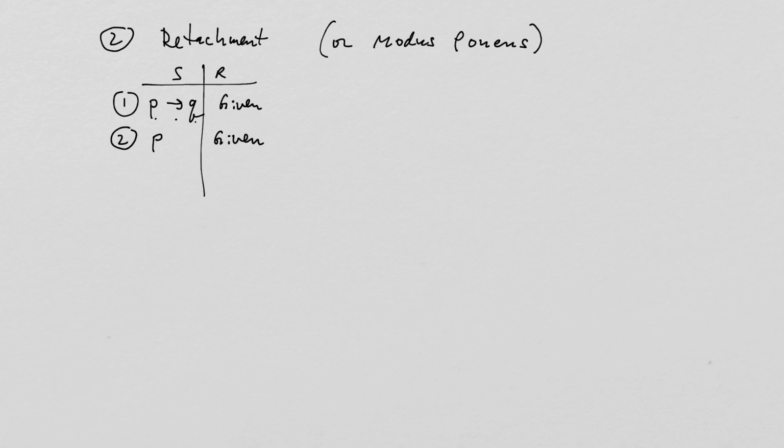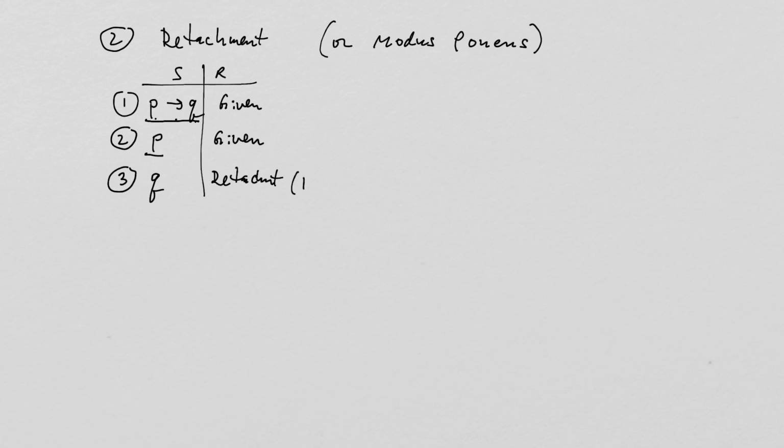So what detachment basically does is, it says if you have a conditional and you're told the hypothesis, the antecedent, the thing on the left, is true also, you can conclude that the thing on the right is true. I'll just write detachment.